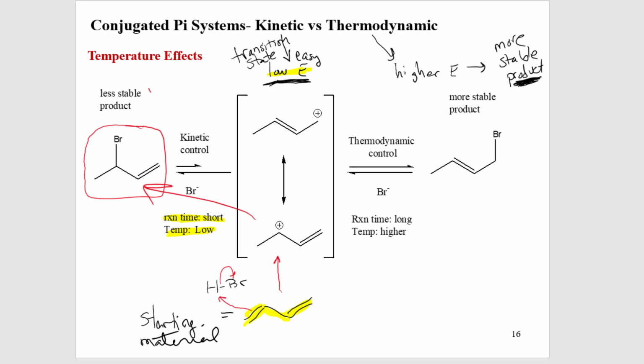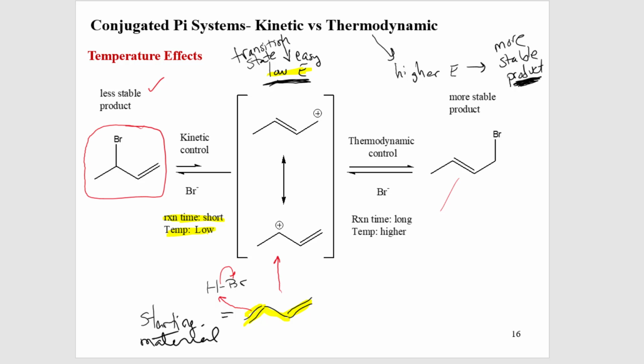Okay? Now, is the product over here on the left the best we can do? Well, you can see right here, I say it's the less stable product. So this is not the thermodynamic product. This is the kinetic product. This is what I generate when I just do things very fast at low temperature. If I were to give it some time, if I were to heat the reaction and give it some time, I can favor the resonance that's occurring to give me my thermodynamic product, thermodynamic control, placing the bromine on the end.